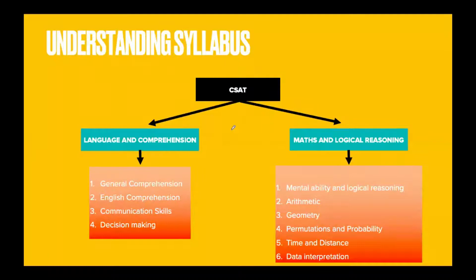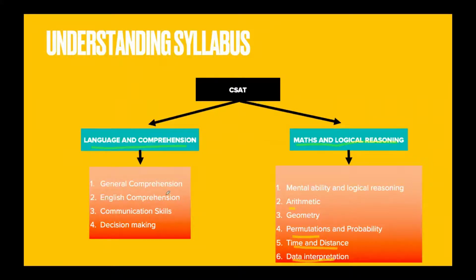Now, we have to understand the syllabus. There are basically two parts if you see it. One is related to language and comprehension and the other is related to maths and logical reasoning. Based on your academic background, you might have different strengths. For example, people with an engineering background are generally well scoring in the maths and logical reasoning part, and they are very good at arithmetic, permutation, combination, time and distance, and data interpretation.